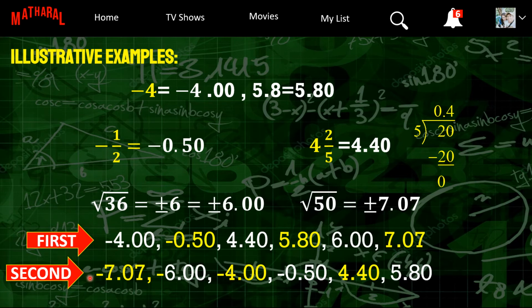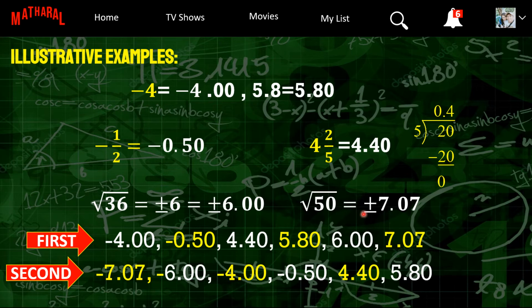So, recopy negative 4.00, negative 0.50, and 4.40, ayan po, as what we had here, and 5.80 as what we have here, and the positive 6.00 and positive 7.07. This is the suggested first arrangement po. And the next one is the second arrangement.